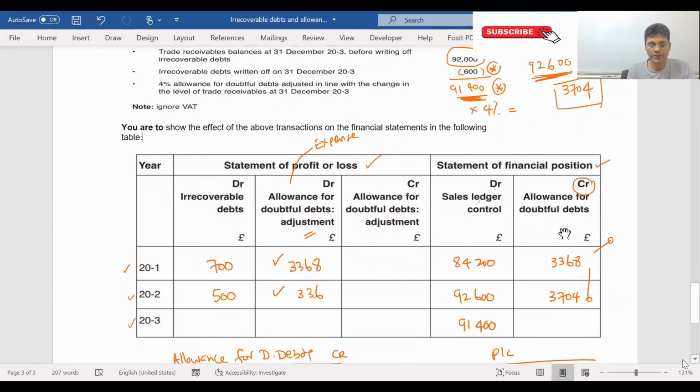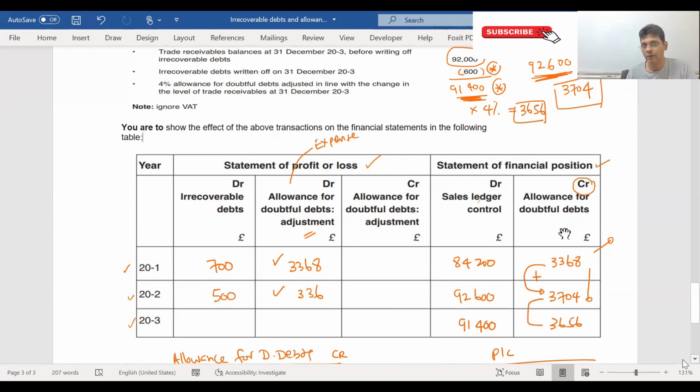How much is that? 91,400 times 0.04 will be 3656. Okay. Now what has happened? Here the balance increased from 2001 to 2002.